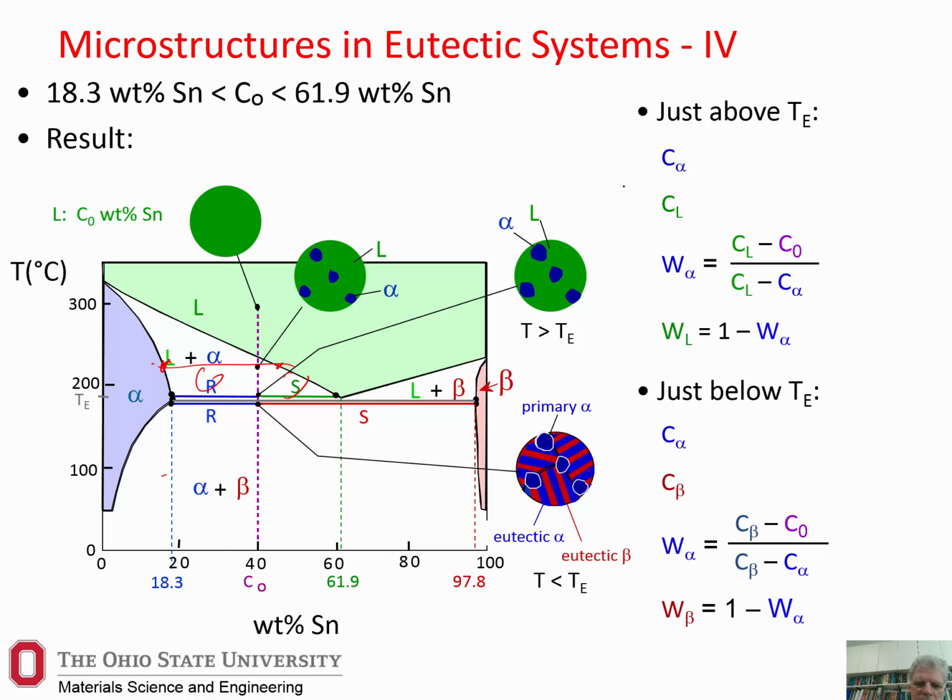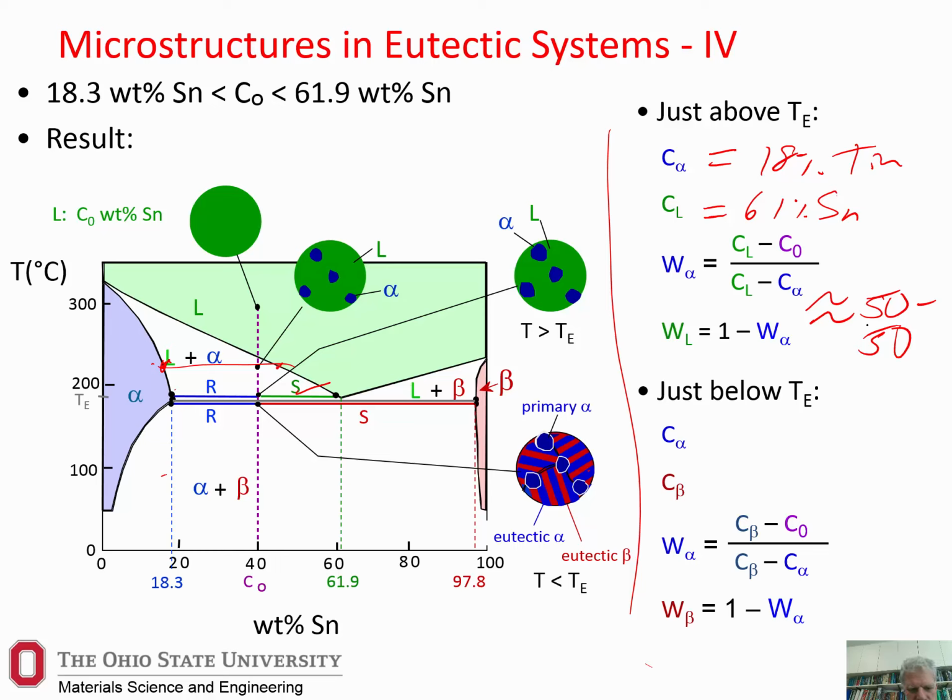So to be a little more formal about this, just above the eutectic temperature, the composition of alpha is going to be about 18% tin. The composition of the liquid here is going to be about 61% tin. Tin is the same as Sn. And then the weight fraction of each is going to be on the order of about 50-50.